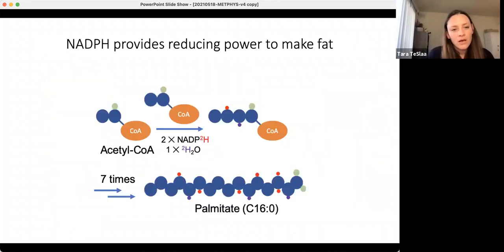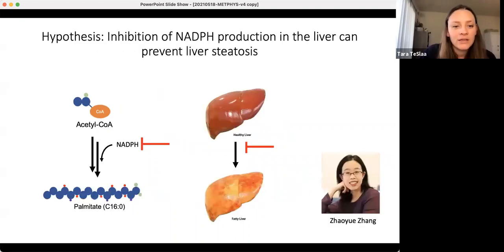So lipogenesis occurs through breaking down nutrients into acetyl-CoA, and then these acetyl-CoAs will provide the carbon to make fatty acid chains. However, to do this, you need reducing power. And so that reducing power comes in the form of NADPH, and that is required to produce fat.